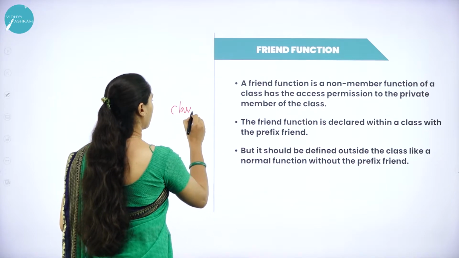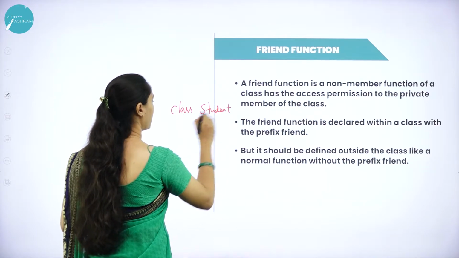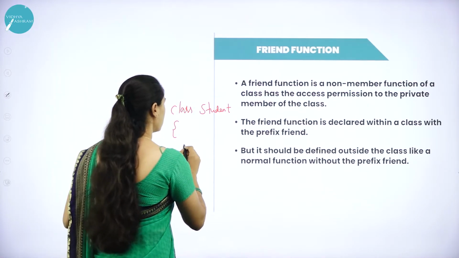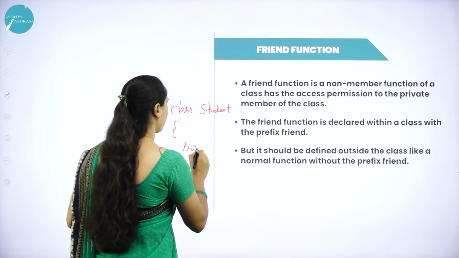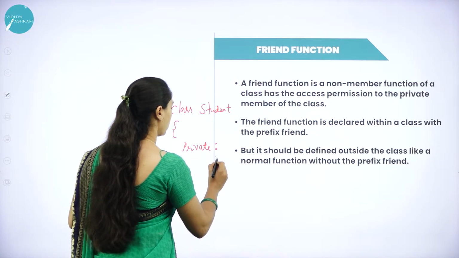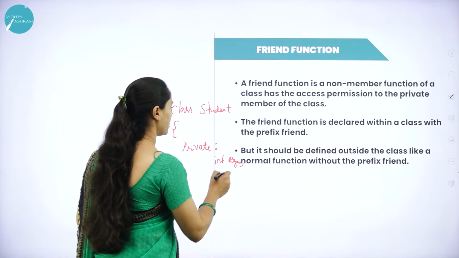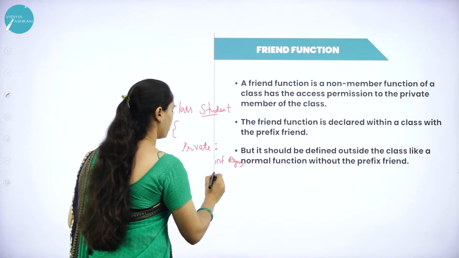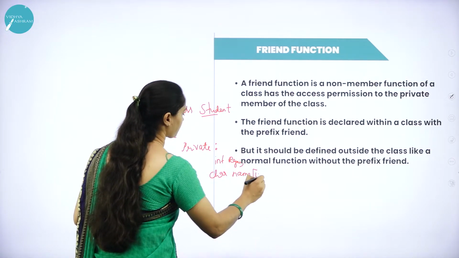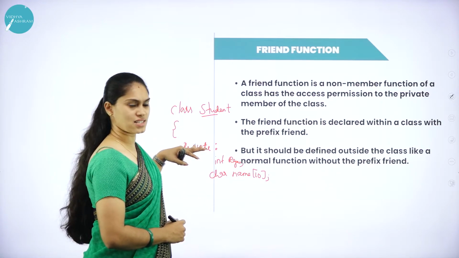I am creating a class called student, and I have several data members that include int register number. So this class student has a register number. After that I have a name of a student, which comes under the private access specifier.